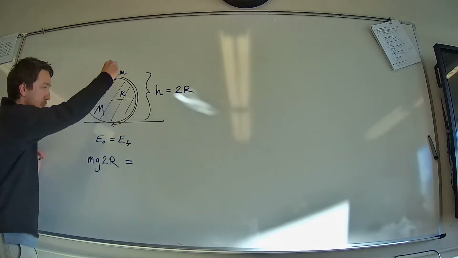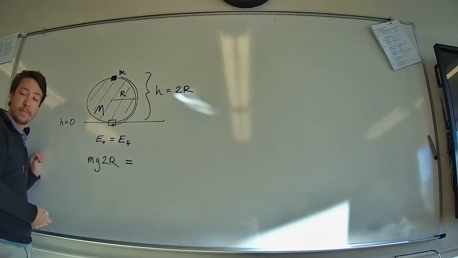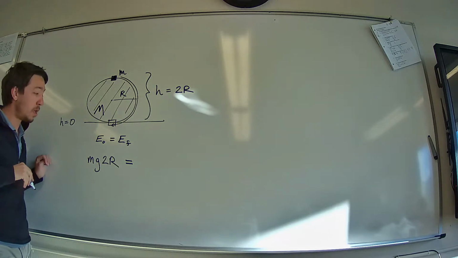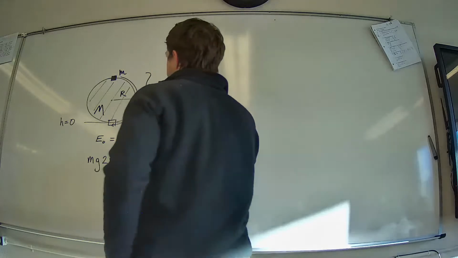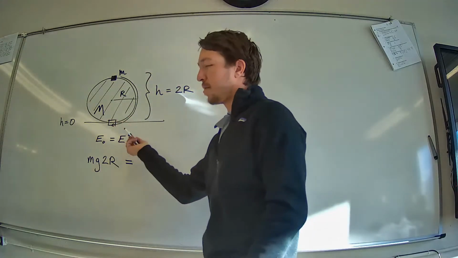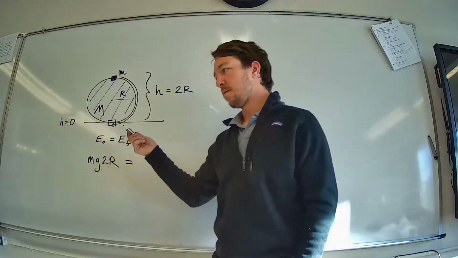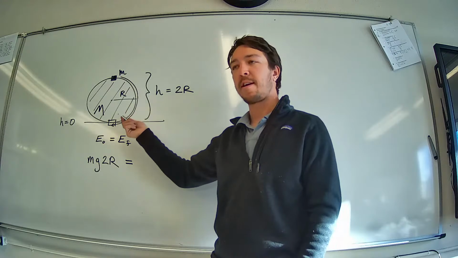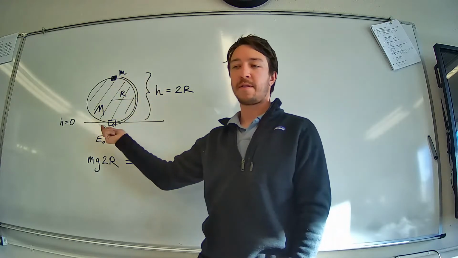Then let's look at the final state when it reaches down here. This is a little tricky. Maybe someone can figure this one out. How many things do I have to look at if I want to talk about the rotational energy of this?